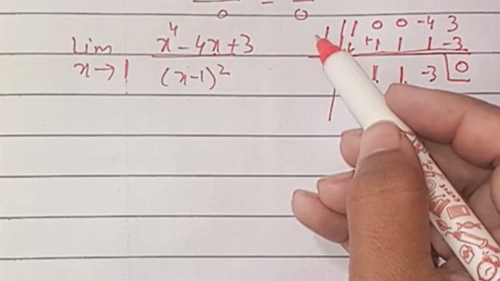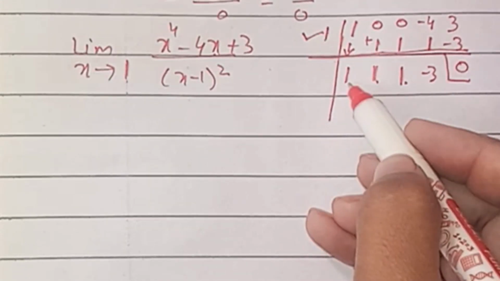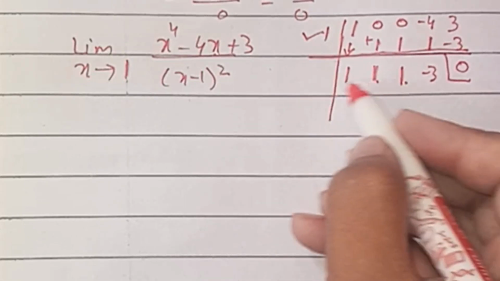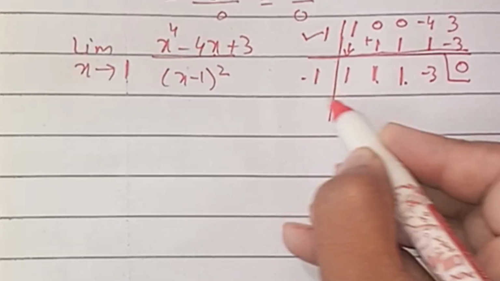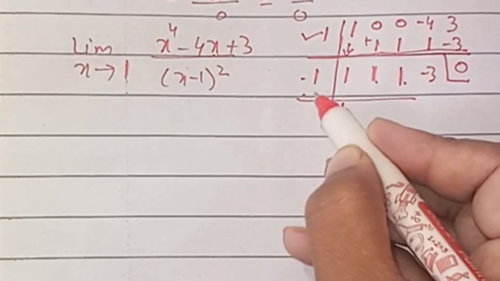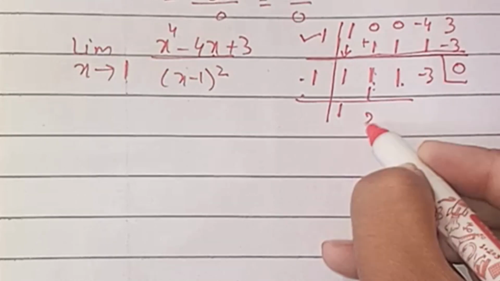So this implies this is a factor of our equation. Now this will become a cubic equation, and again we take the factor 1. So we write this digit as it is. Now multiply this 1 by this 1, we get 1, and 1 plus 1 is 2.